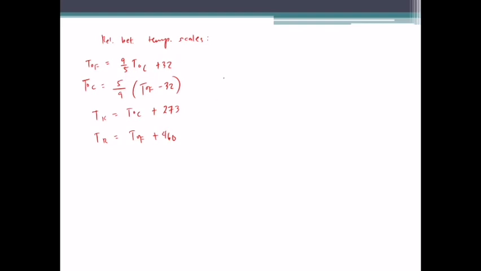Then another relation is the temperature interval, which is the change in temperature. Delta T, the change in temperature, should be final minus initial. Do not reverse it.